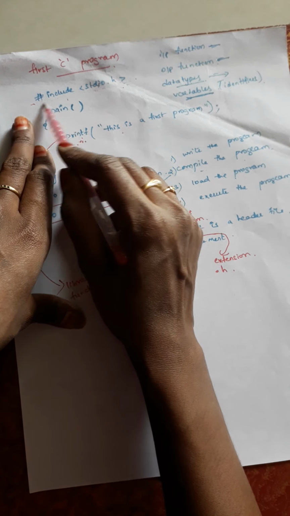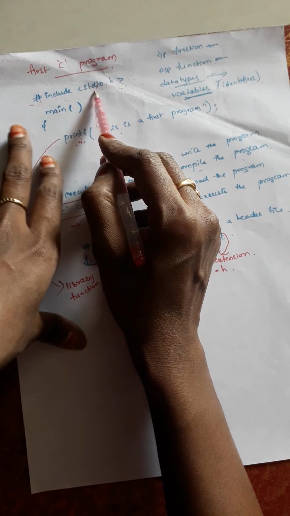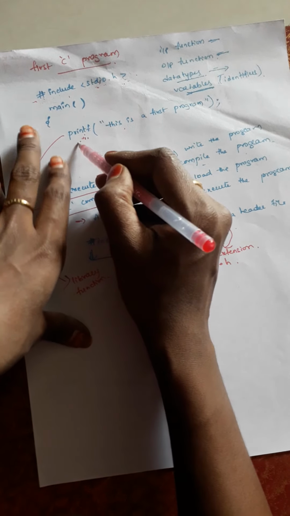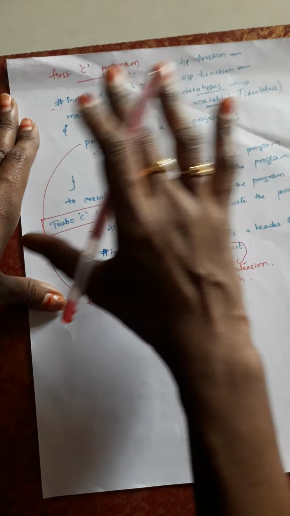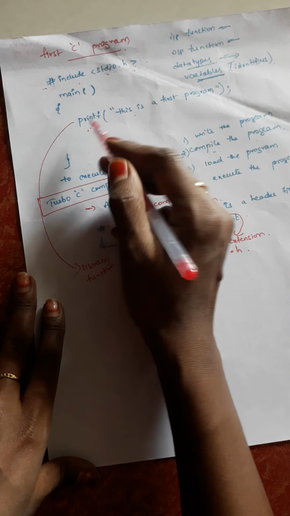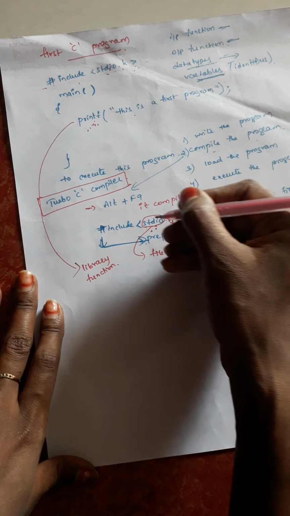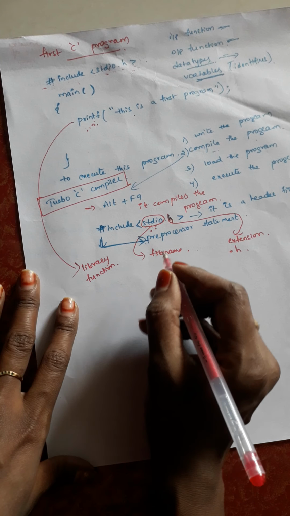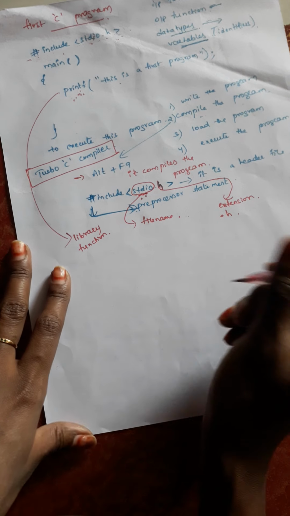First the compiler processes these statements. Whatever function we use in the program, we must include the respective header file at the beginning. The input and output functions are stored in the stdio.h header file, so that's why we write the header file.